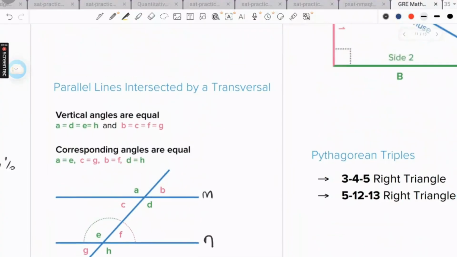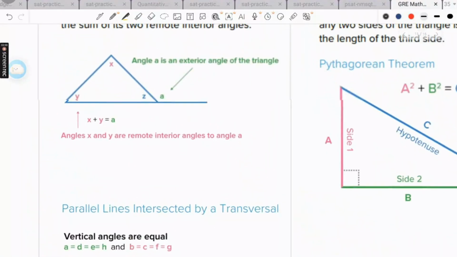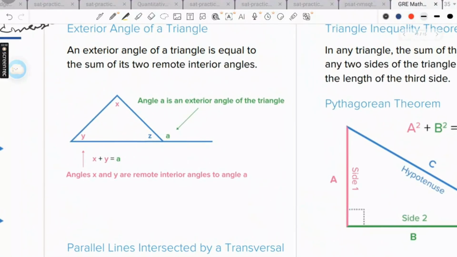Back to this, there's a note. Let me add it. That is a note on polygon. For polygon, the sum of interior angles equals n minus 2 times 180 degrees.